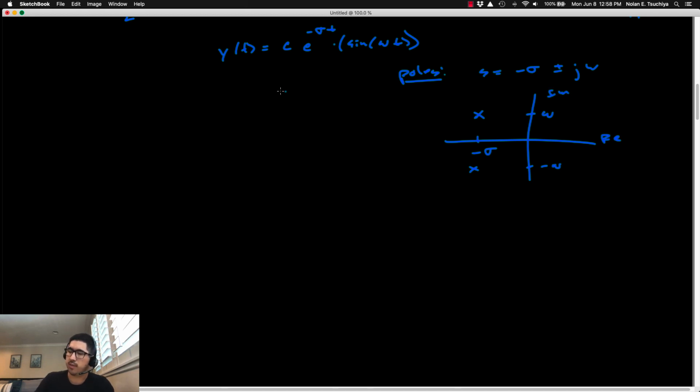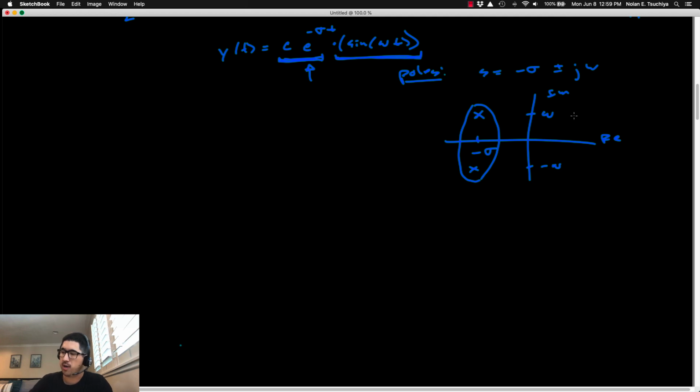If you look at this form, we can conclude the same thing that we did from the first order system: if your poles are on the left of the imaginary axis, the only part of this response that dictates whether it's stable or not is this exponential envelope function, right? The sinusoidal part, that's just oscillations. Whether or not it decays has to do with this e to the minus sigma t component.